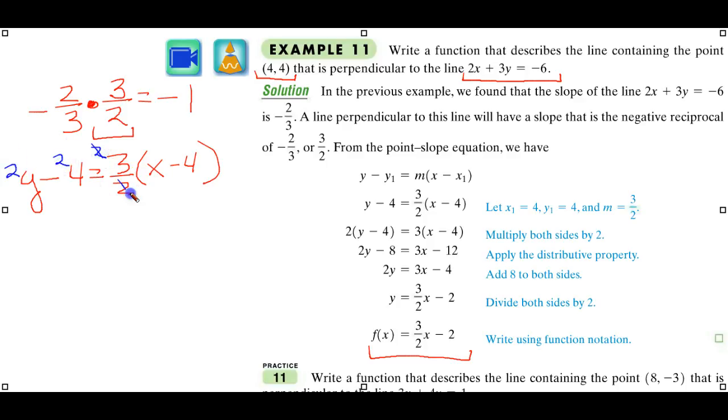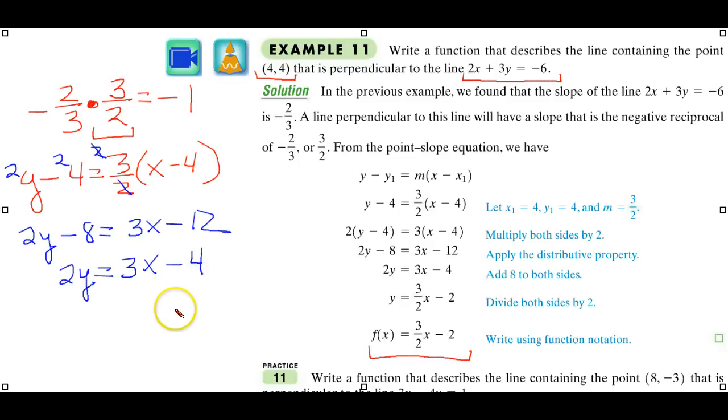So here the 2's cancel out, and we get 2y minus 8 equals 3x minus 12. And we bring our -8 over, and we get 2y equals 3x. Now this -8 on this side becomes a +8, so this is going to be minus 4.